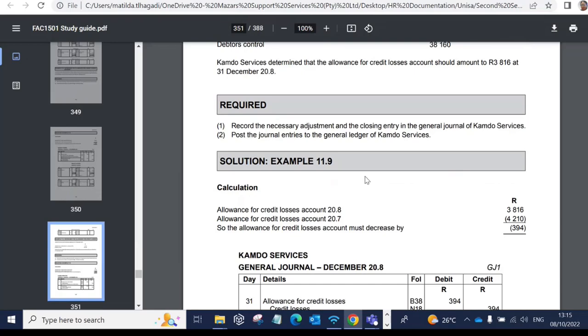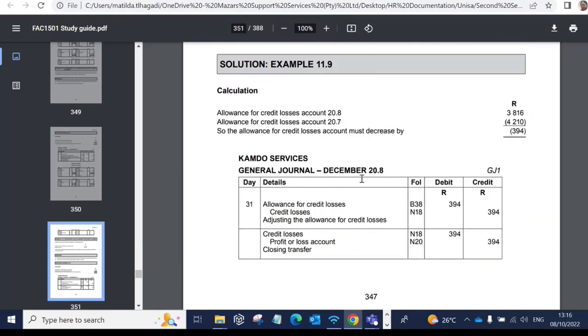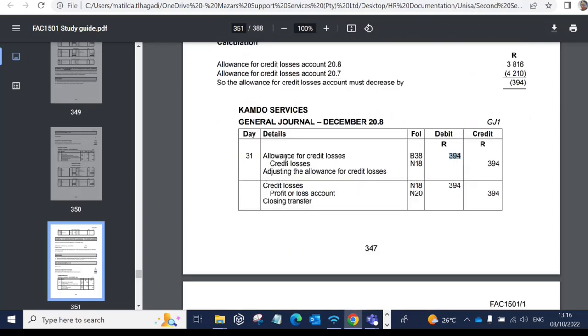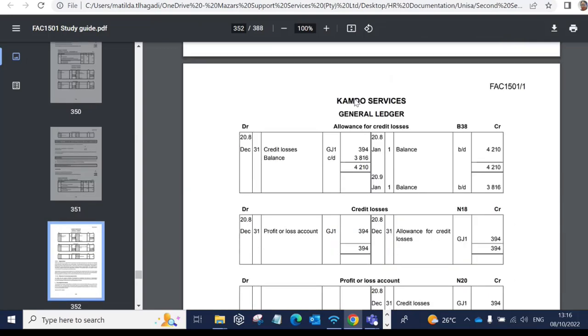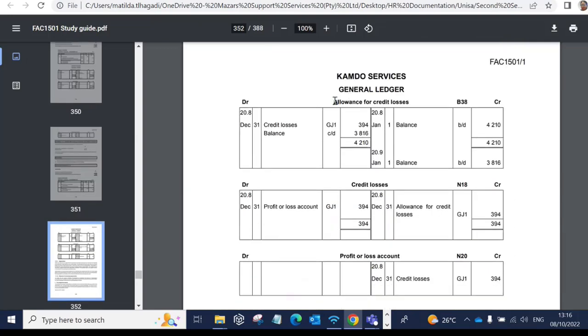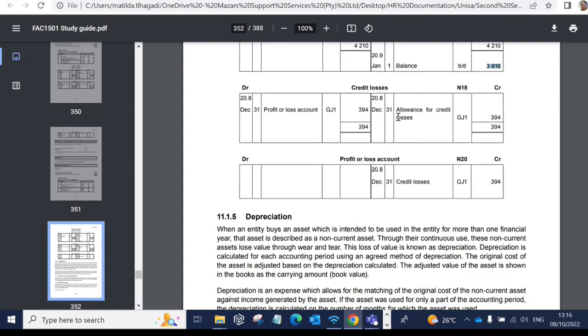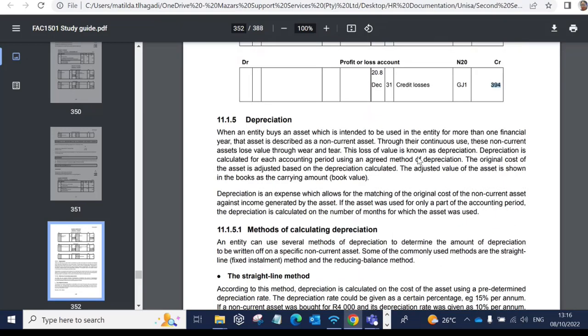So the allowance for credit losses is going to be debited with 394, and credit losses is going to be credited with 394. The balance is going to be taken to the profit and loss. The allowance has decreased, and the credit losses, because it has also decreased, is moved to the profit and loss.